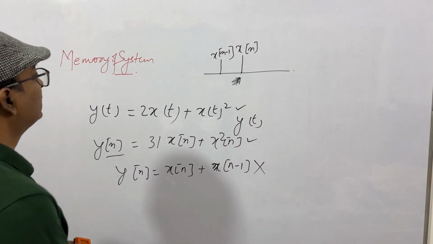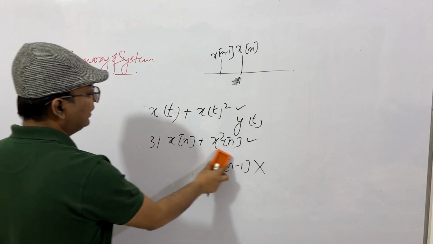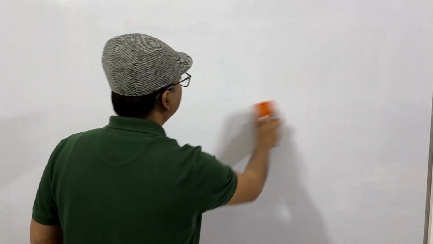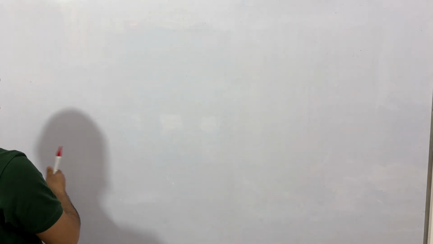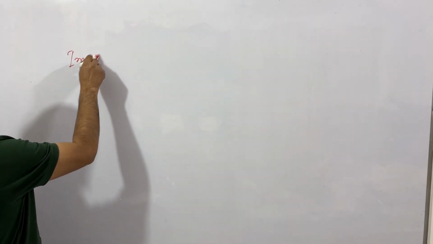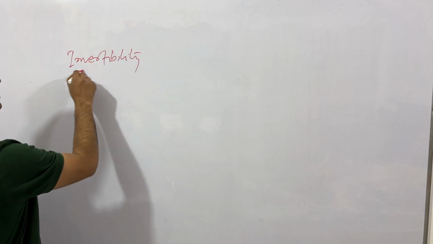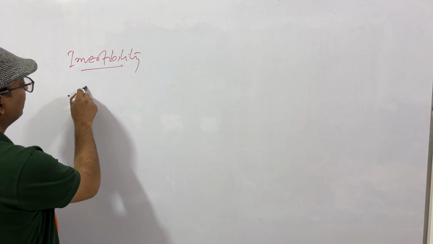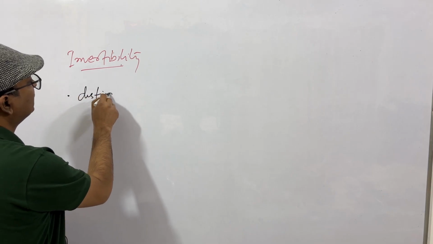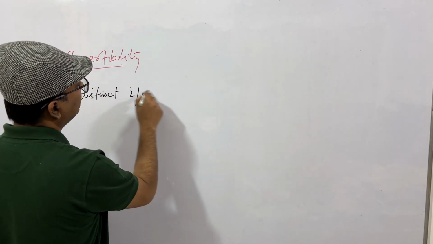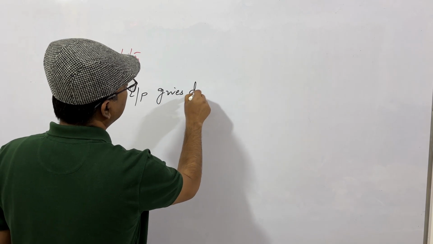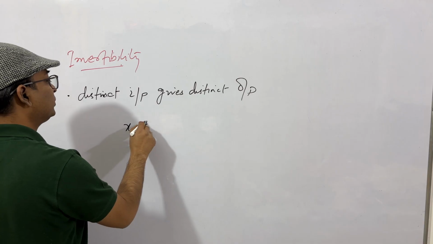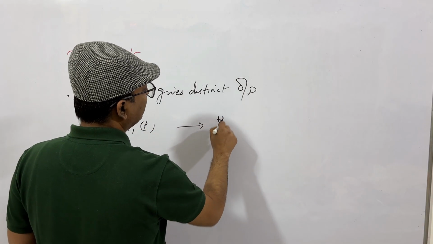Okay. The second property is invertibility. If distinct inputs give distinct outputs, you should remember this statement: distinct inputs give distinct outputs. The meaning is, if you give x1(t), it gives y1(t).